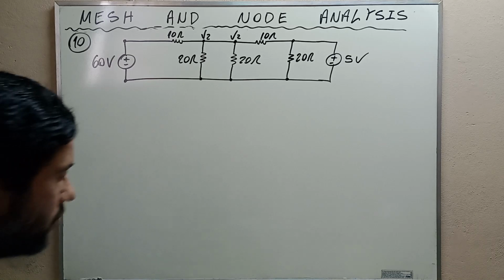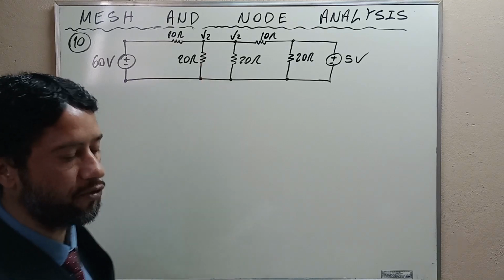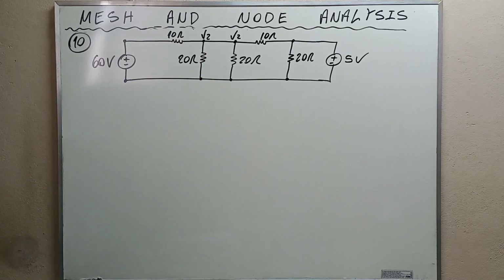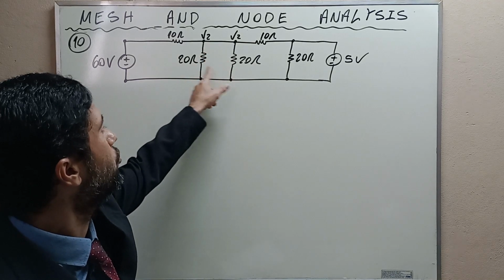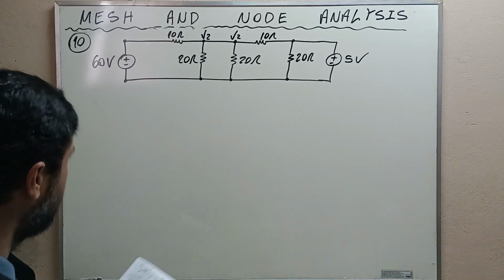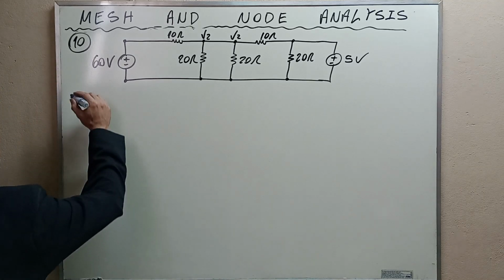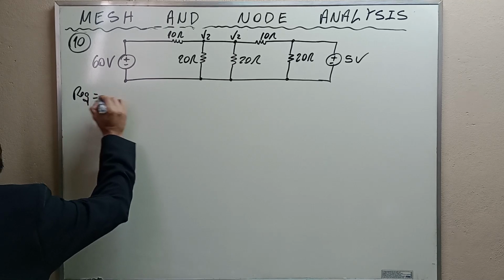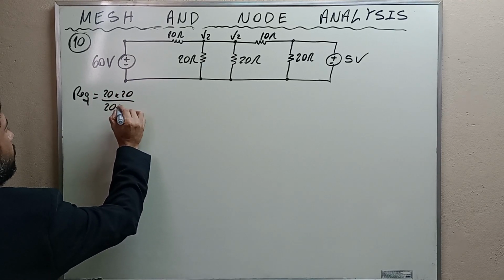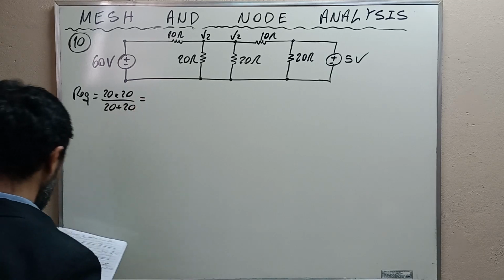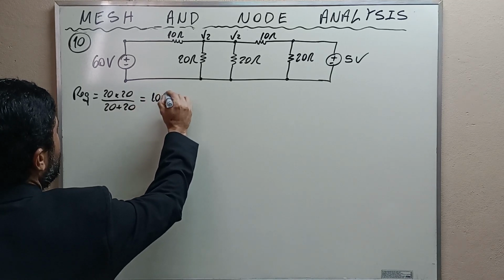The exercise wants us to calculate the value of V2, okay? And to begin solving this problem, we may combine the 20 ohms resistances connected to node 2, okay? We are going to combine these resistances here, and the equivalent resistance is equal to 20 times 20 divided by 20 plus 20, and this is equal to 10 ohms, okay?